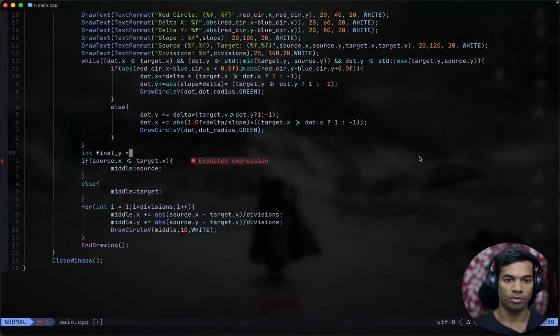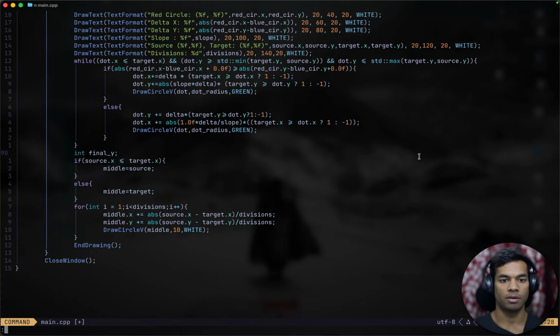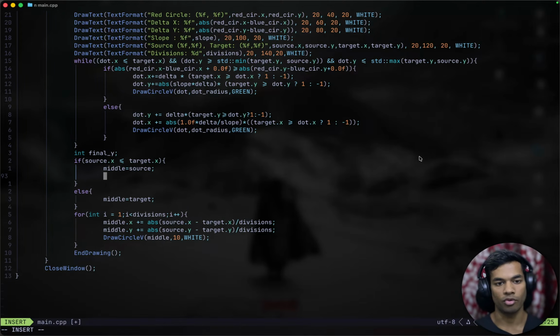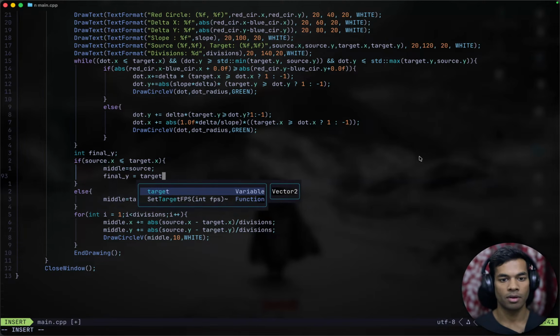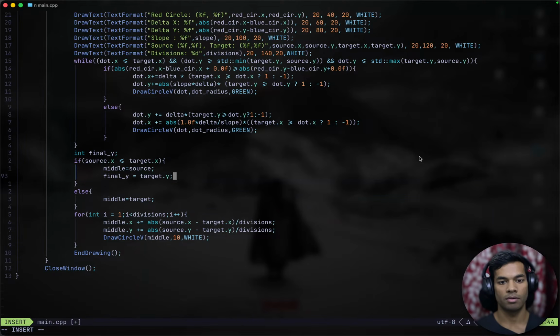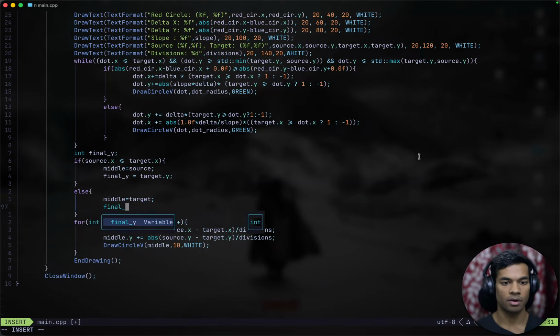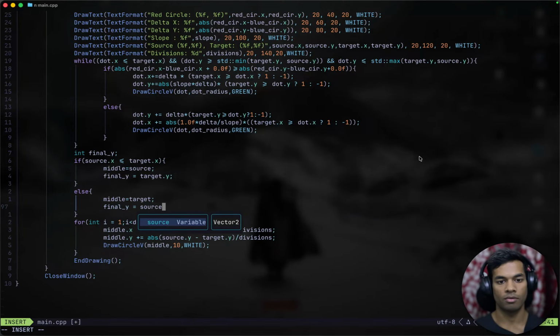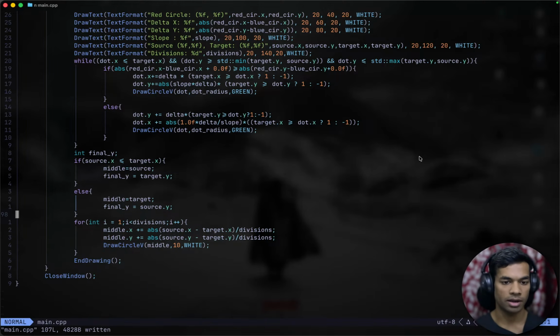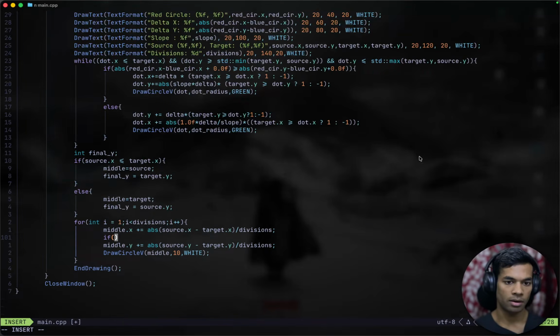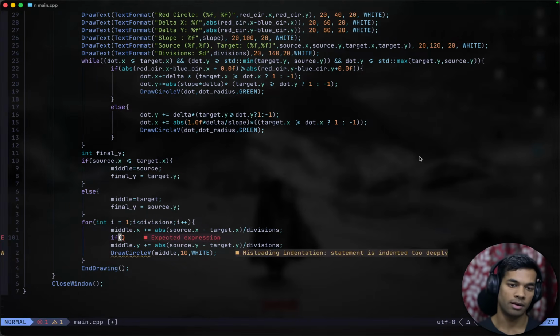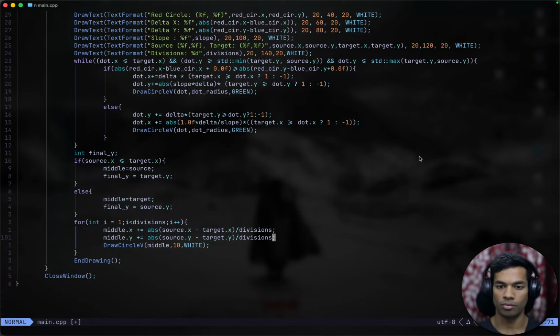Final y equals, initially nothing. Here the final y would be, this is very bad practice, target dot y, that is nice, and here final y would be source dot y, that is nice, and depending on final y we will do some stuff.